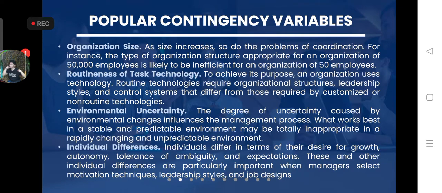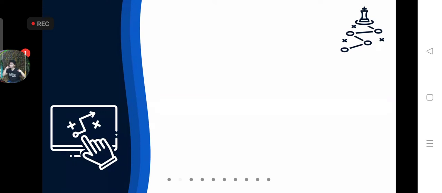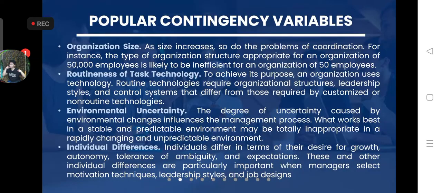We hope that we are able to use these approaches as the manager of a certain company that we are handling or managing. So that will be the end of the module for management history.